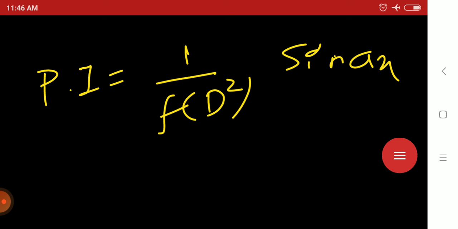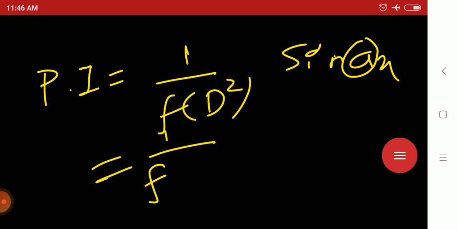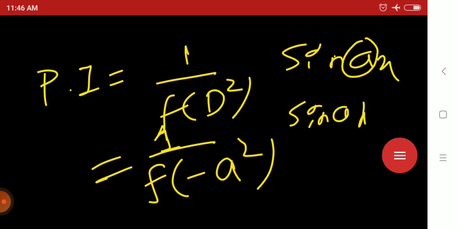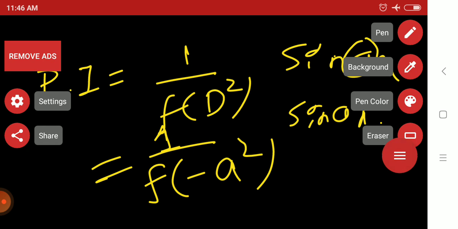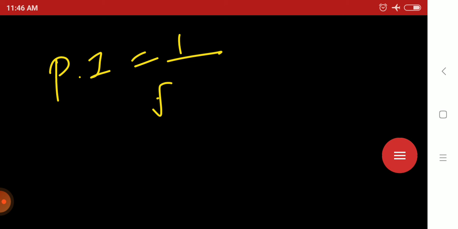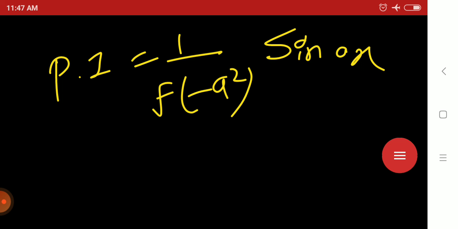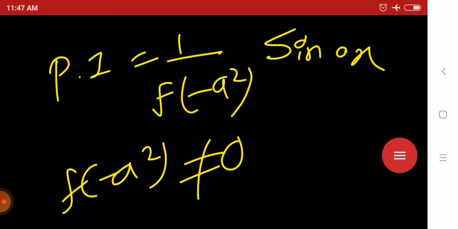Now here you have to substitute D square equals minus a square, not D equals minus a, you have to substitute D square equals minus a square. So the particular integral will be 1 by f of minus a square, sin ax. Here f of minus a square is not equal to 0.